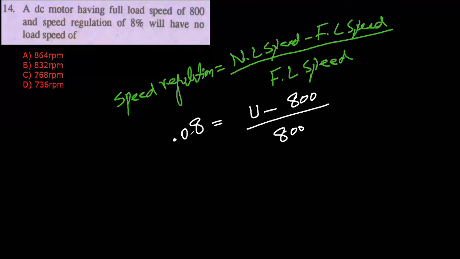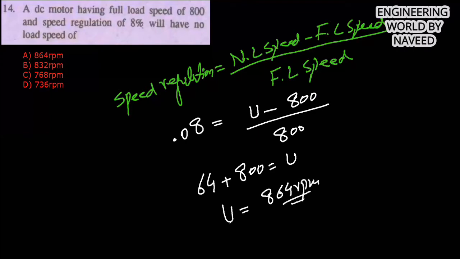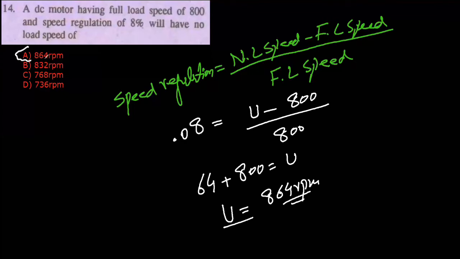So 0.08 times 800 will be equal to 64, plus 800. So your no load speed will be equal to 864 RPM. Is there any 864? Yes, option A is the correct answer.